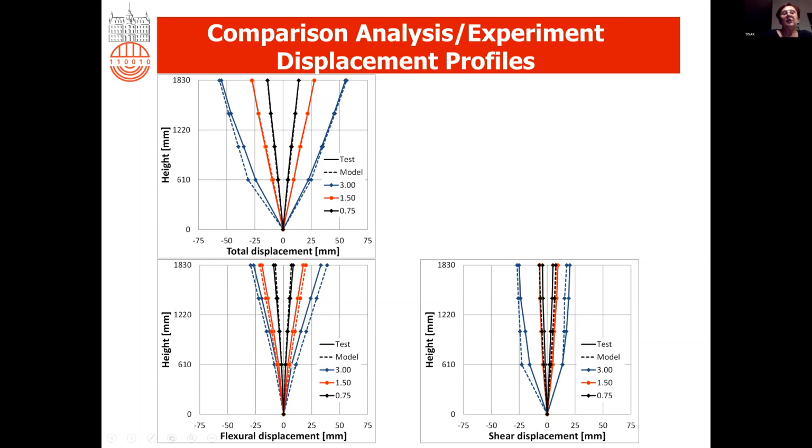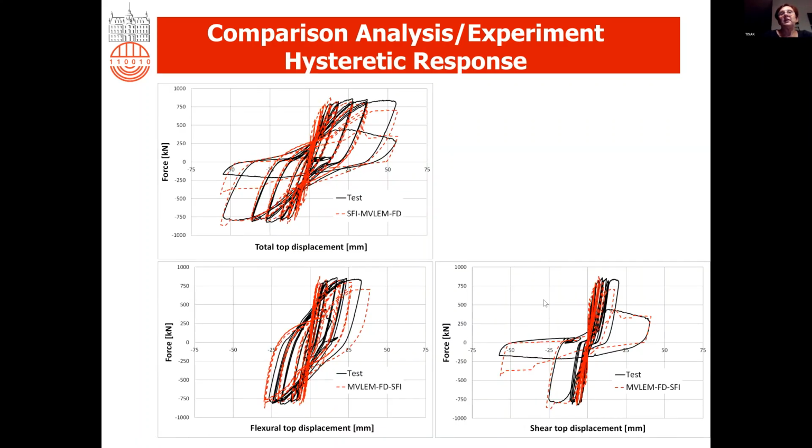And what is interesting is that the flexure as well as the shear contribution to this envelope was very well captured, as well as the shear behavior. And this was one of the very rare elements which was able to model the strength deterioration in shear.